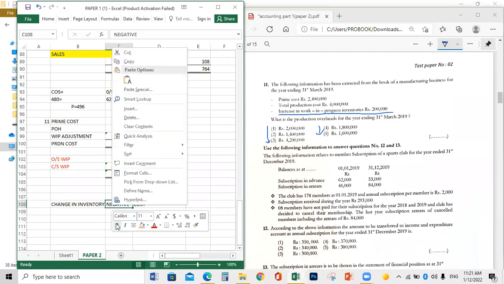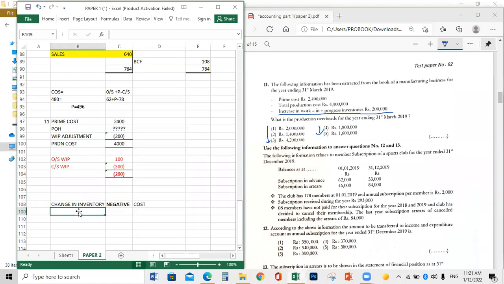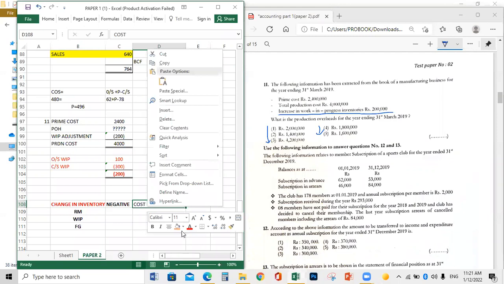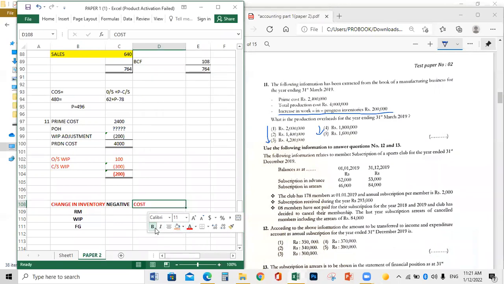It can be any inventory: raw material, work in progress, or finished goods. That means if your raw material is increasing, your cost will reduce. If your work in progress is increasing, your cost will reduce. If your finished goods increase, the same.